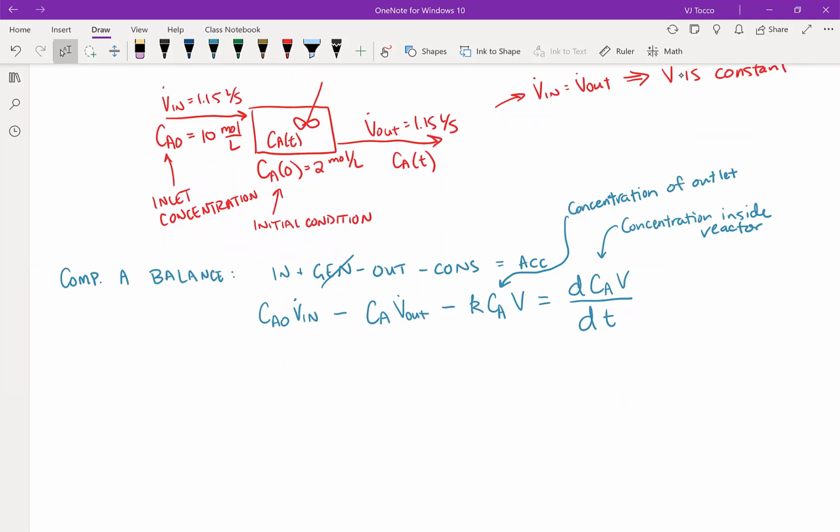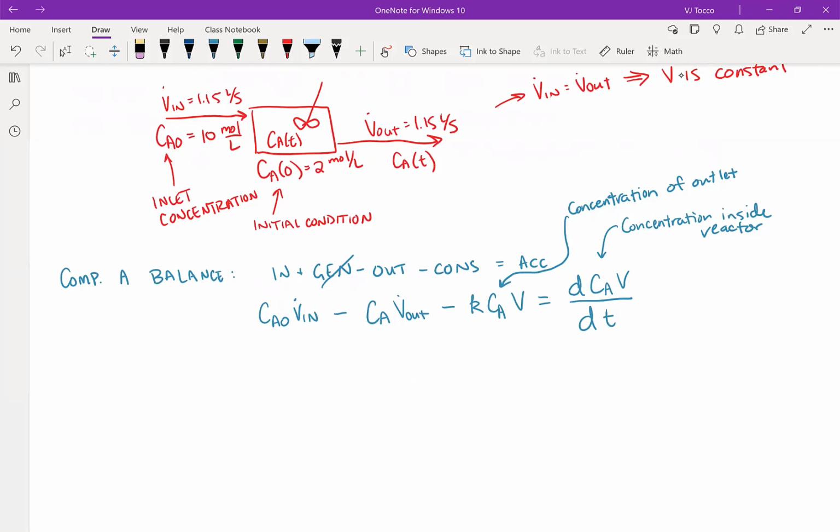All right, so V is going to be constant, so I can pull it out of the derivative, and I can divide through by V. So I'm going to get CA0 times V in over V minus CA V out over V. And instead of calling it V in and V out, I'm just going to call it V dot.